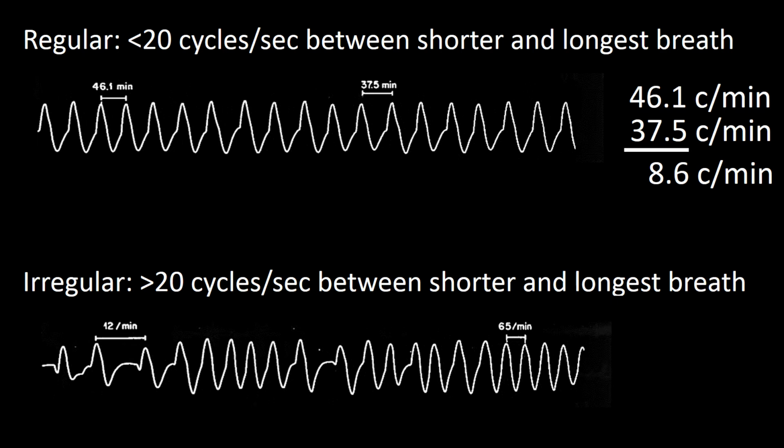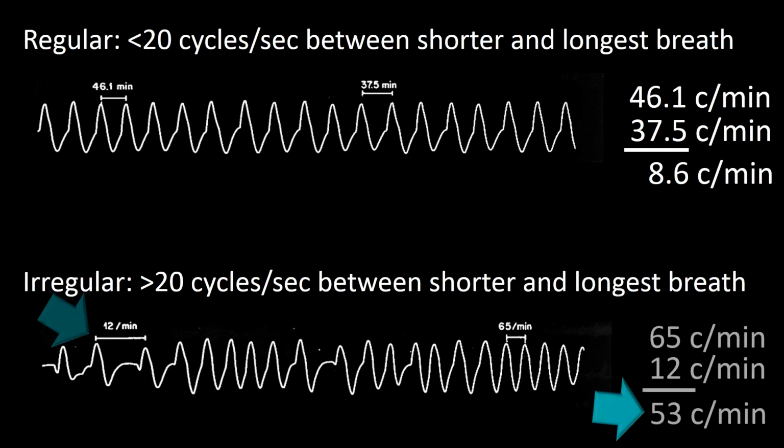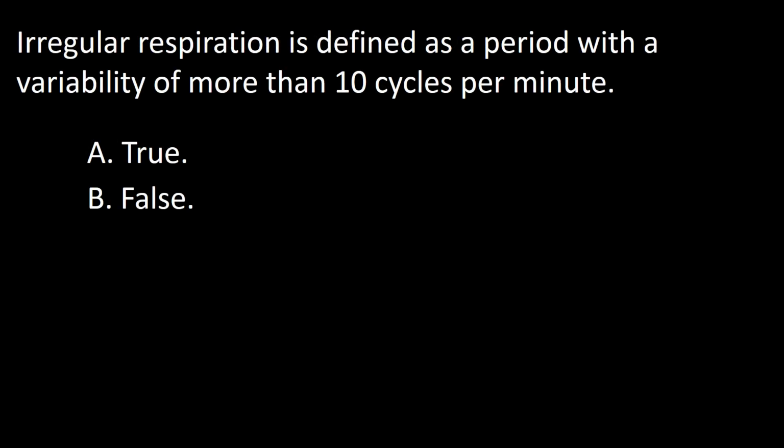An epoch is defined as having irregular respirations if the difference between the shortest and the longest respiration is more than 20 cycles per minute. So the answer to this question is false.